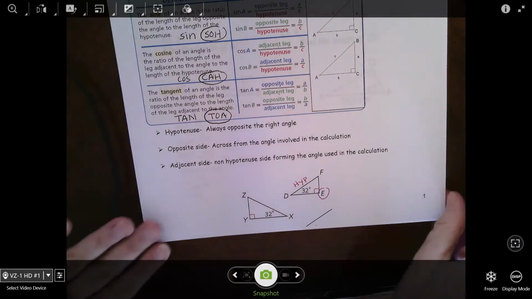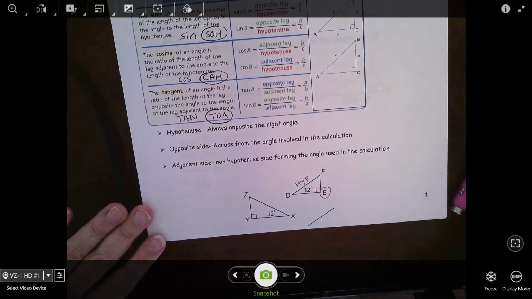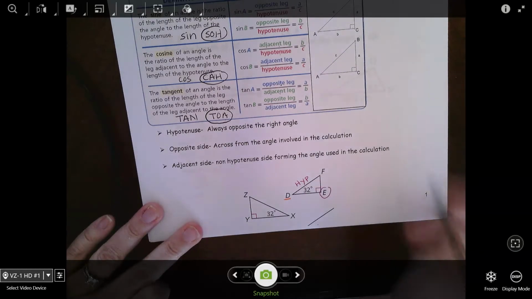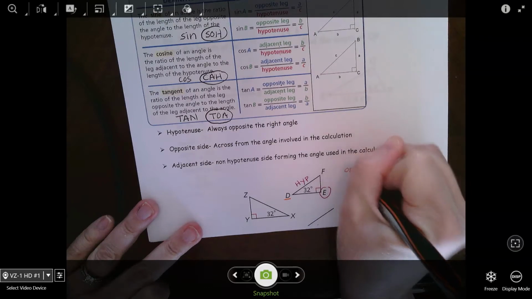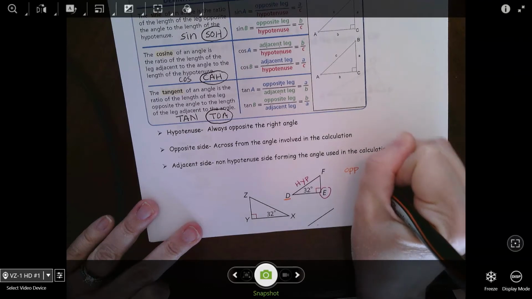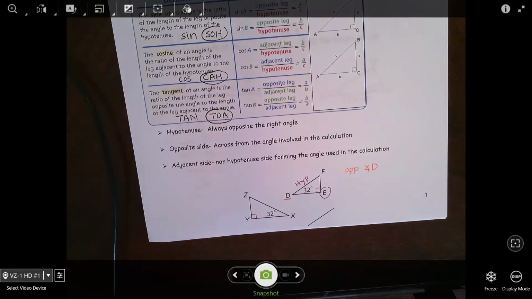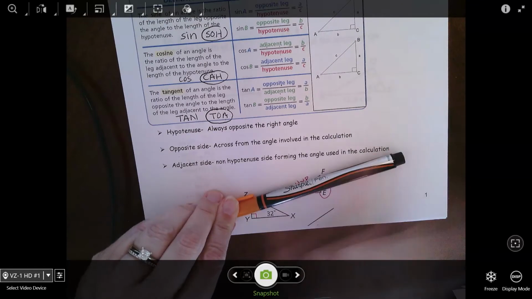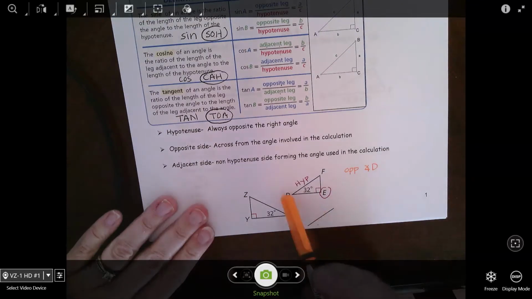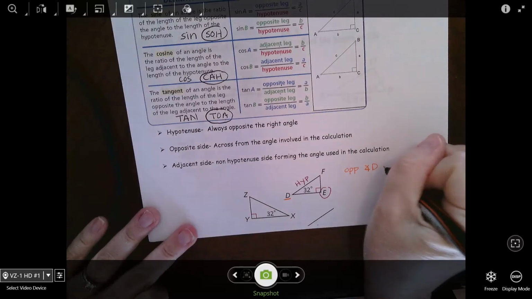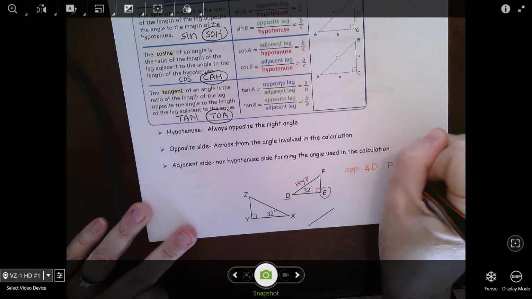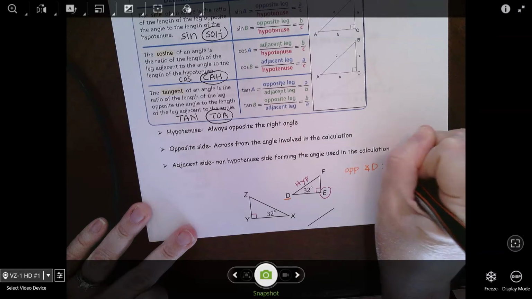So let's first of all start by talking about angle D. If I'm talking about angle D right here, and I want the side opposite angle D, my hypotenuse isn't going to change. So for opposite angle D, I'm going to go across from it. So opposite angle D, that's going to be side FE.